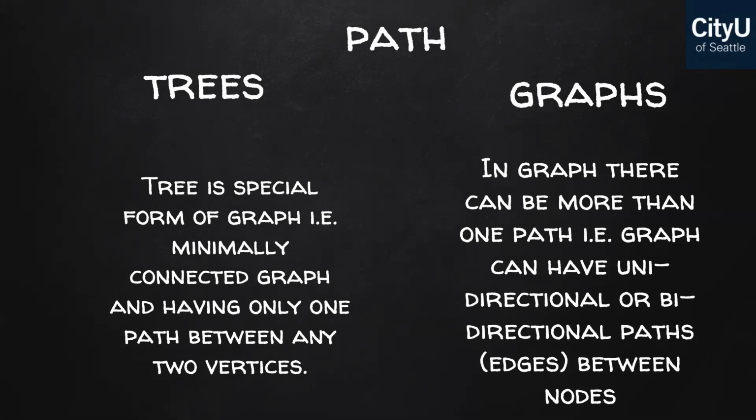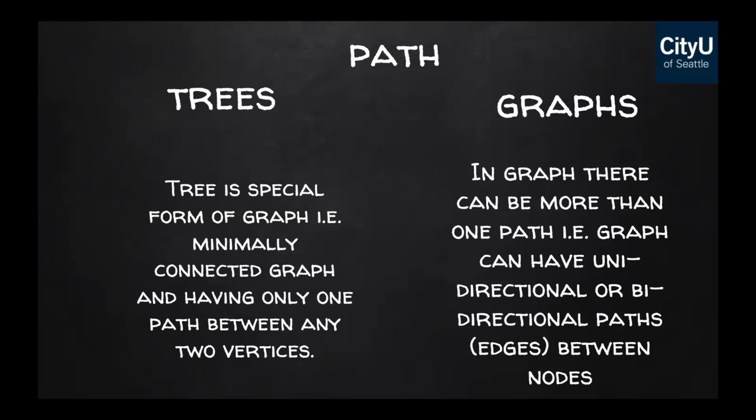And if we want to differentiate between trees and graphs, in graph, there could be more than one path, unidirectional or bidirectional, between edges or between nodes. Okay, tree is a special form of graph. Again, it's a restricted form of graph.